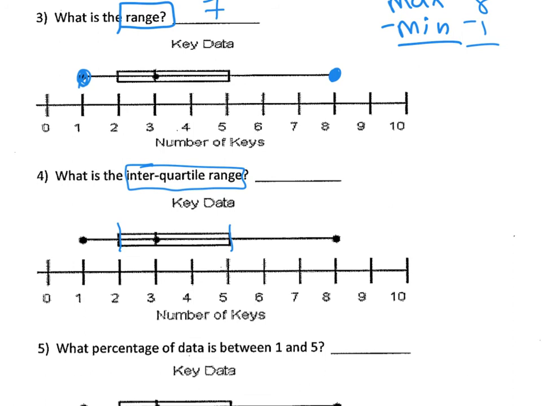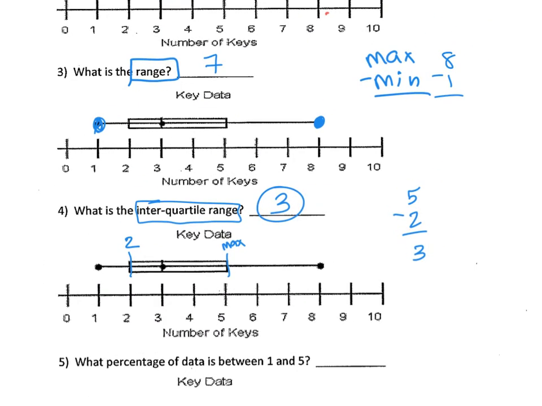What's your maximum number? 5. What's your minimum number in the box? 2. So 5 minus 2, 3. So just remember that difference. If it asks for range, it's asking for out of all the numbers, what is your biggest number subtracting your smallest number. Interquartile is just your box, not your whiskers.